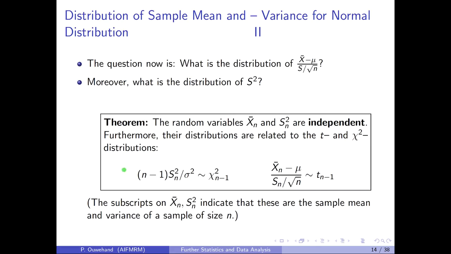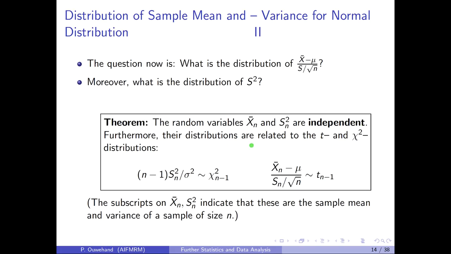Now we're going to denote the sample mean and the sample variance of a sample of size n with subscripts. So x bar n and s squared n indicate that these are the sample mean and variance of a sample of size n. Then we have the following result. The random variables x bar n and s squared n are independent.